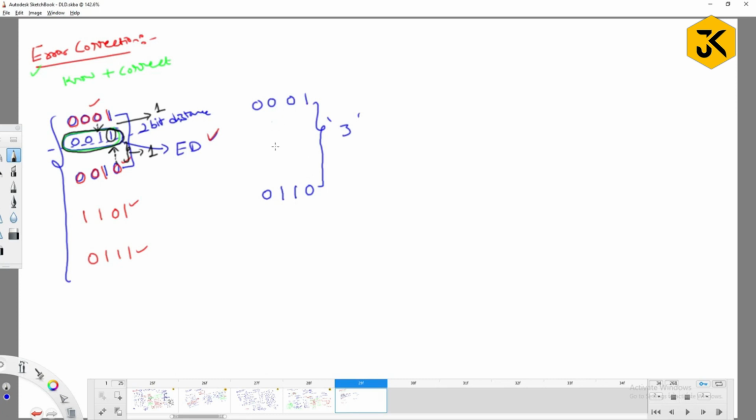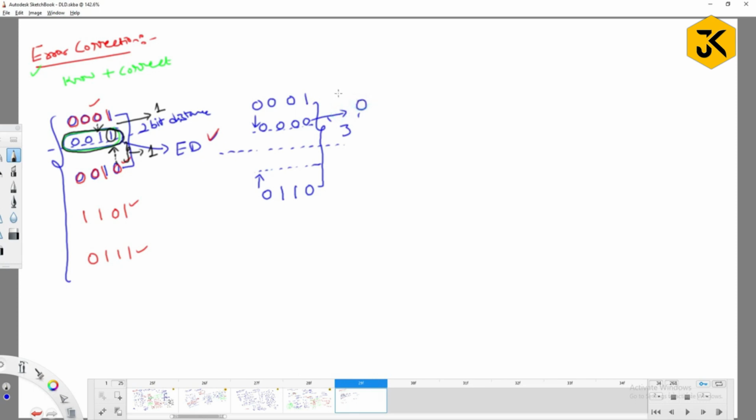If the distance between two valid patterns is 3, any 1 bit error will be placed here, and another 1 bit error will be placed here. If there is one more bit change, that is going to be available here, right? Meaning that I got 0000, right?